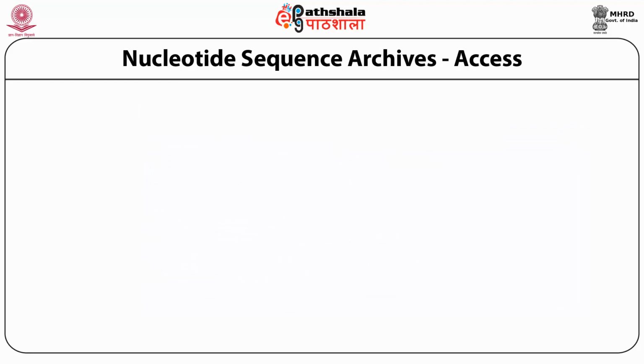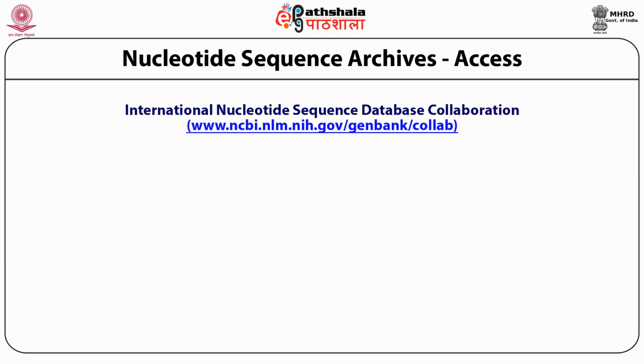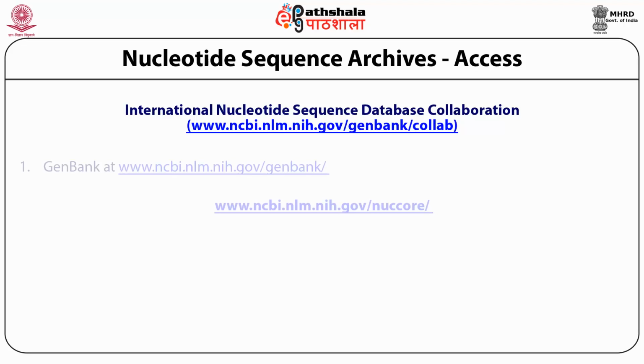The International Nucleotide Sequence Database Collaboration is the main database of nucleotide sequences, having 3 collaborators. First is GenBank at the National Center for Biotechnology Information in the United States of America, that is NCBI.